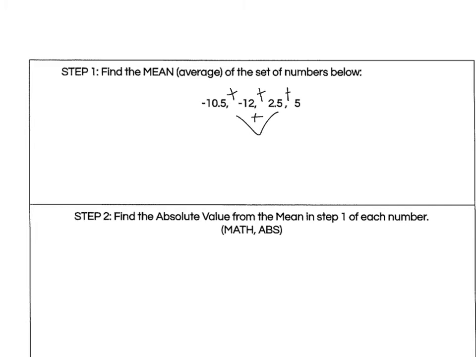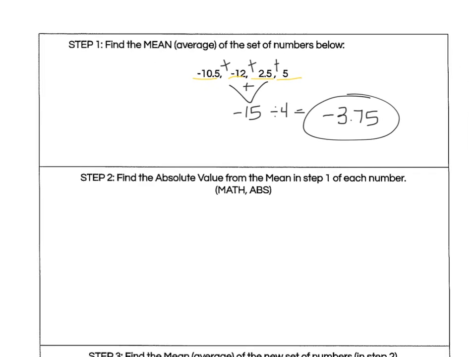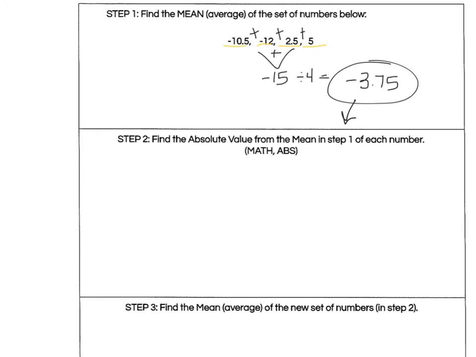So when I added all of these up, I got negative 15. And there's 1, 2, 3, 4 in the set. So I'm going to say negative 15 divided by 4. And we get negative 3.75. So I'm circling it just so I can see it. It's not my answer, but I'm going to need it in step 2.